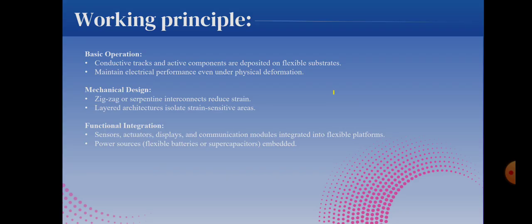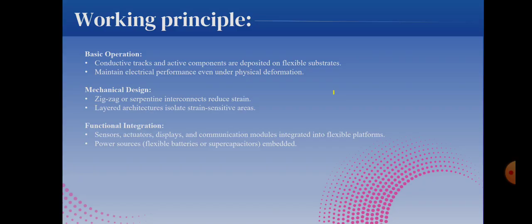Working principle: flexible electronics work by depositing conductive tracks and active components on flexible substrates. These circuits are designed to maintain performance even when bent or stretched. The design often includes zigzag or serpentine interconnects which reduce mechanical strain.